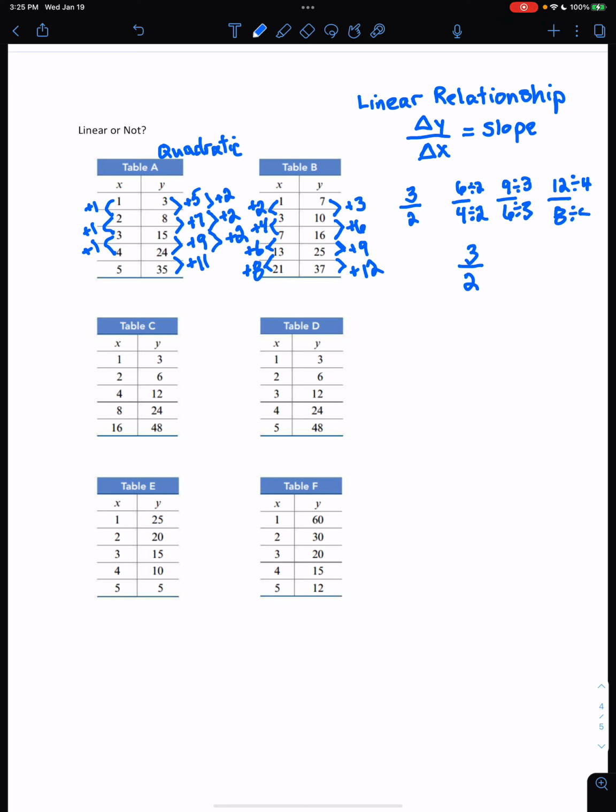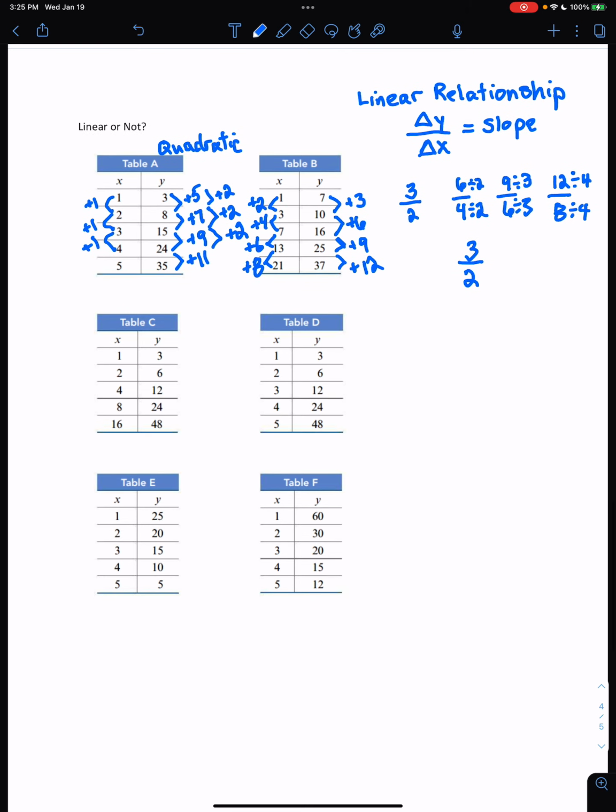And when we do that for each of these fractions, we get a common fraction, which is 3 over 2, an equivalent fraction. And so we have the same slope. We have the same change in y over change in x. And so this is indeed a linear relationship.